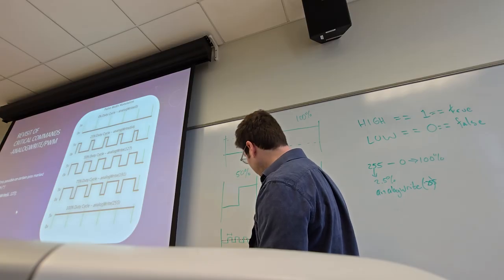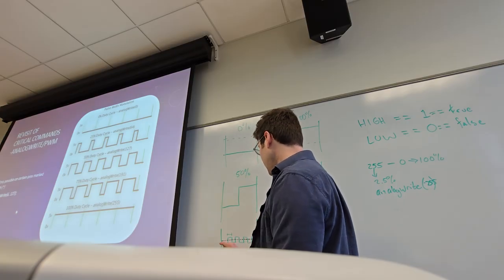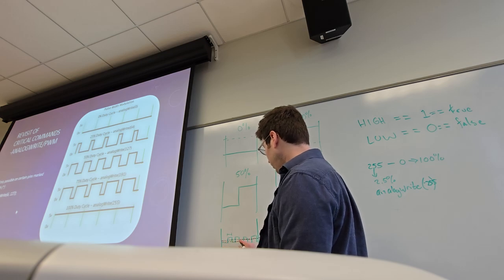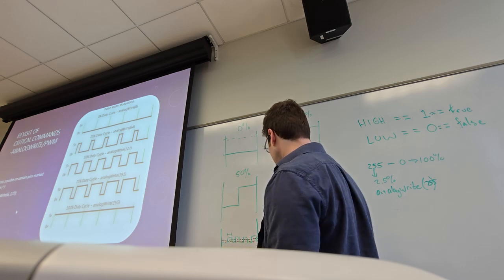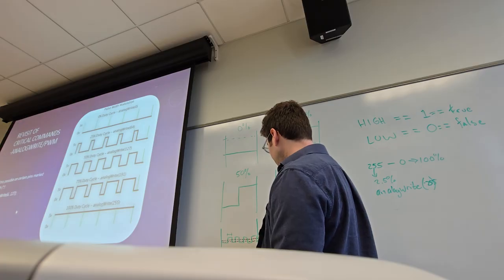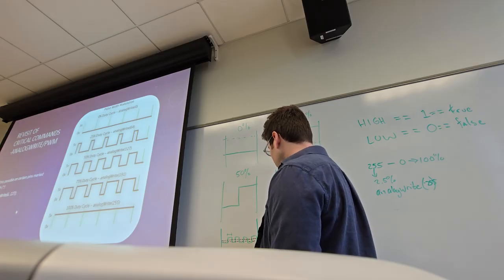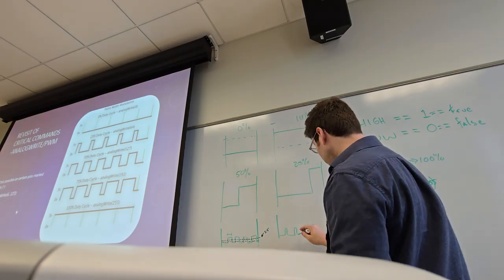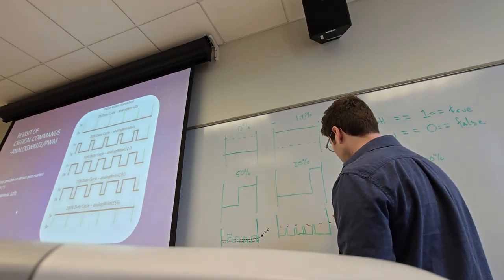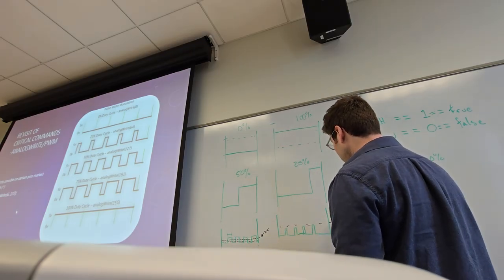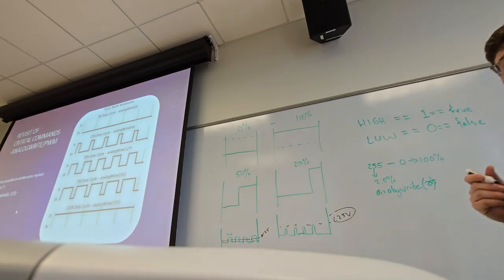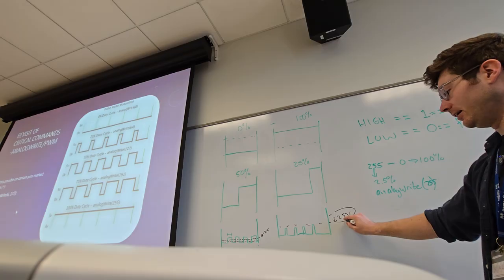It will be higher for a high duty cycle and lower for a low duty cycle. This average might come out to 2.5 volts for our 50%, but this one would average out to 1.25 volts. You see how that's 25% of 5 volts? And then we get our analog back.